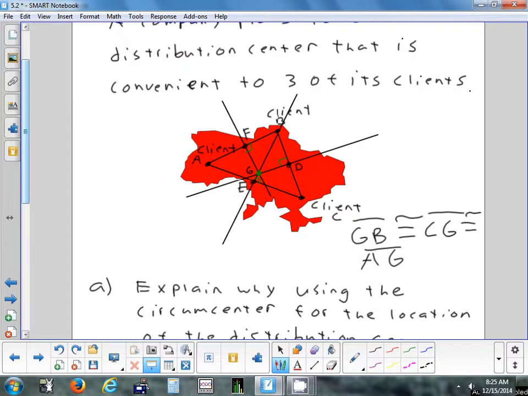So from G to client B, from G to client A, and G to client C. Those are your ones that are congruent. Okay, so I don't think we actually needed points E, F, and D labeled. But we will for the next part we're going to do. Any questions on that?